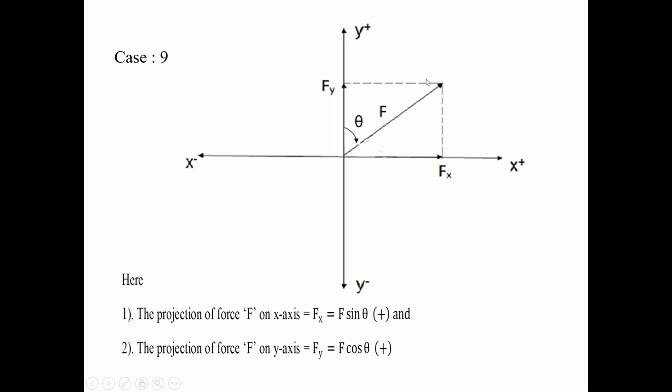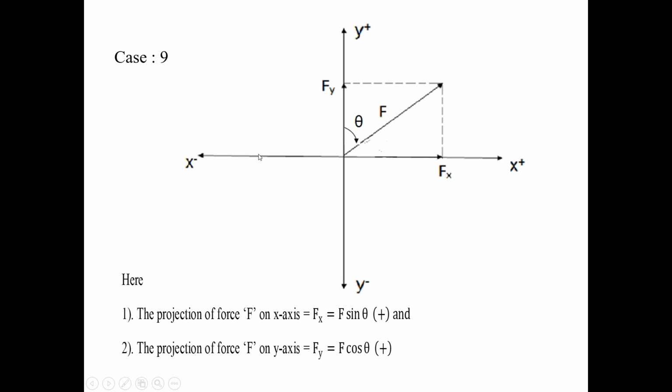Take this right angle triangle. With respect to angle theta, Fy is the adjacent side, and F is the hypotenuse. So take cos theta in the diagram.